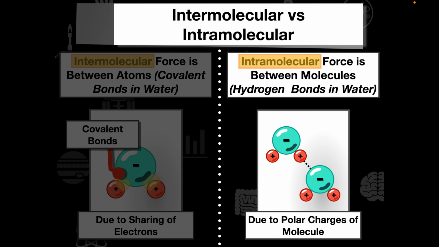When I say intermolecular force, we're going to see these polar molecules, and the polar charges of those molecules are going to form hydrogen bonds between the water molecules. I am emphasizing molecules because in intermolecular force, hydrogen bonds are between water molecules. These hydrogen bonds are between water molecules.